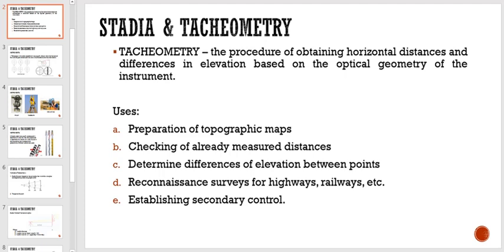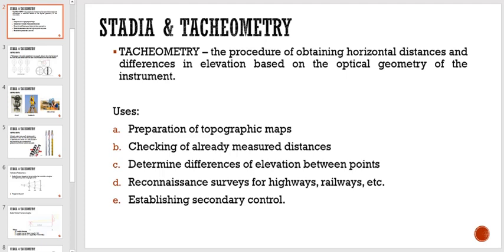So for today we will discuss stadia and tacheometry. Tacheometry is the procedure of obtaining horizontal distances and differences in elevation based on the optical geometry of the instrument.